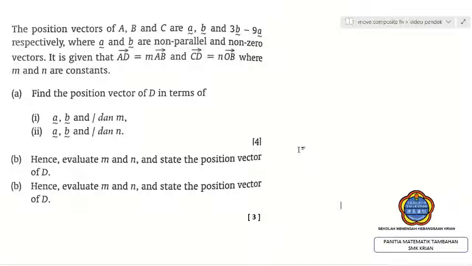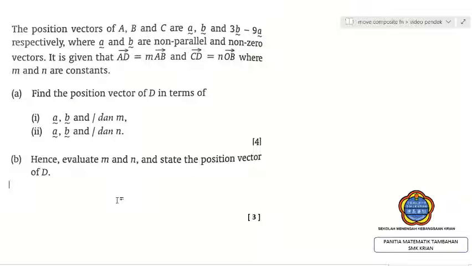It is given that AD equals m AB and CD equals n OB, where m and n are constants. Question A: find the position vector of D in terms of a, b and m, and in terms of a, b and n. Question B: evaluate m and n and state the position vector of D.